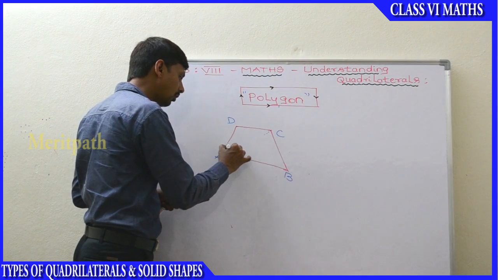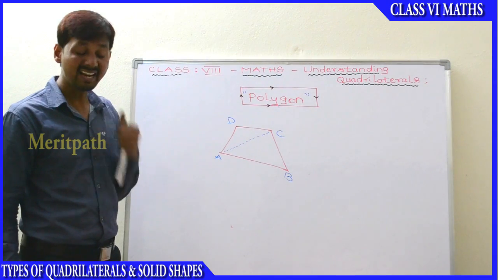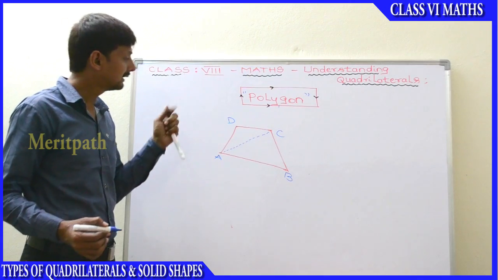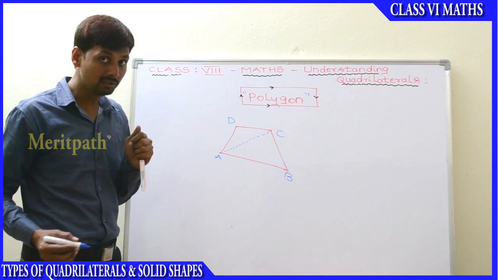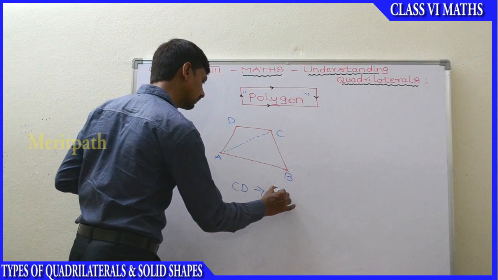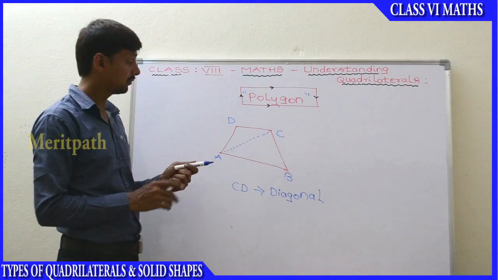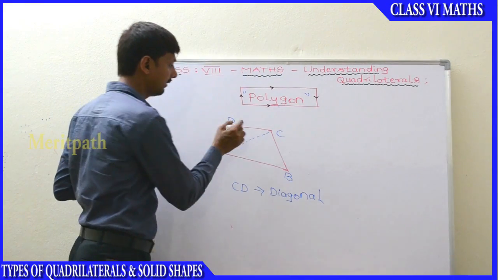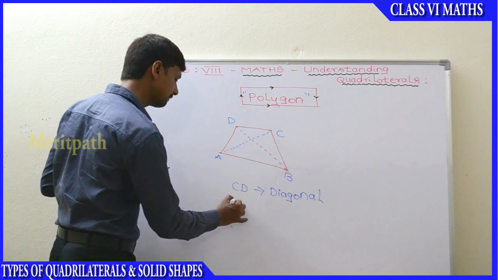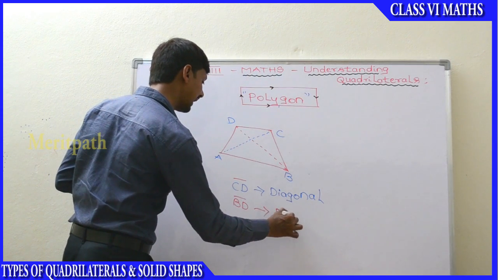If you join these non-consecutive vertices, the line segment that is formed is called a diagonal. So AC is a diagonal of the quadrilateral, and if you join these two non-consecutive vertices, BD, this is also a diagonal.